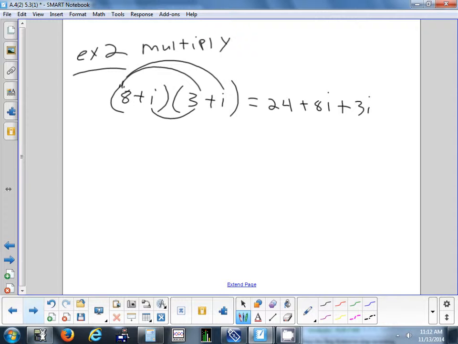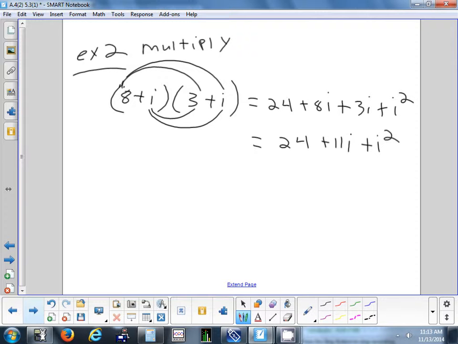And then you do i times i. Leave that squared. Yep, it's a positive i squared. Okay, Paige, is there anything I can combine here? Yep, we can combine 8i and 3i, and that gives me 11i. Okay, good.